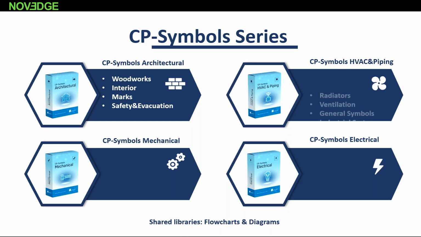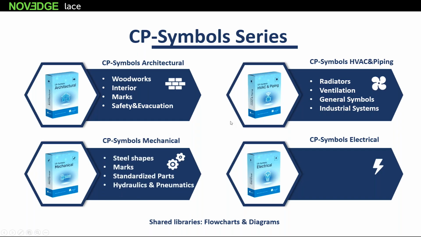And in HVAC and piping, you will have a library of radiators, ventilation, general symbols, and industrial systems. In CP symbols of the mechanical series, you will have a library of steel shapes, marks, standardized parts, and hydraulics and pneumatics.